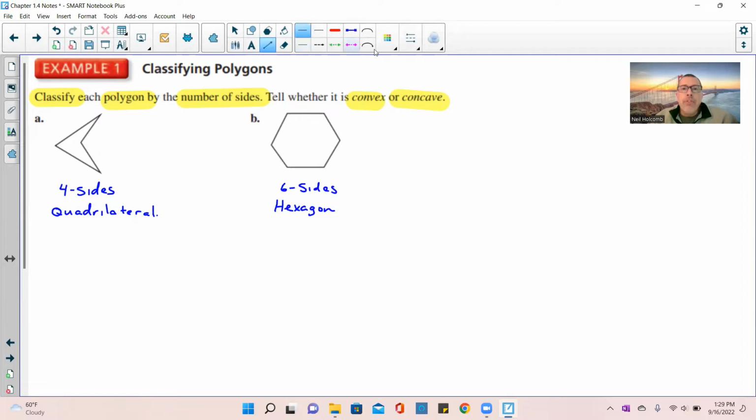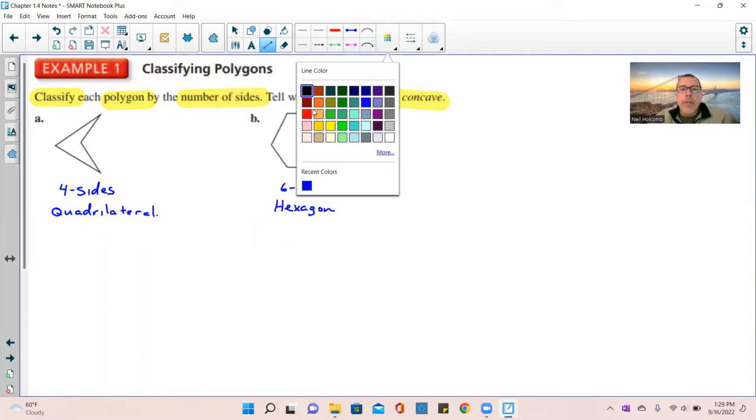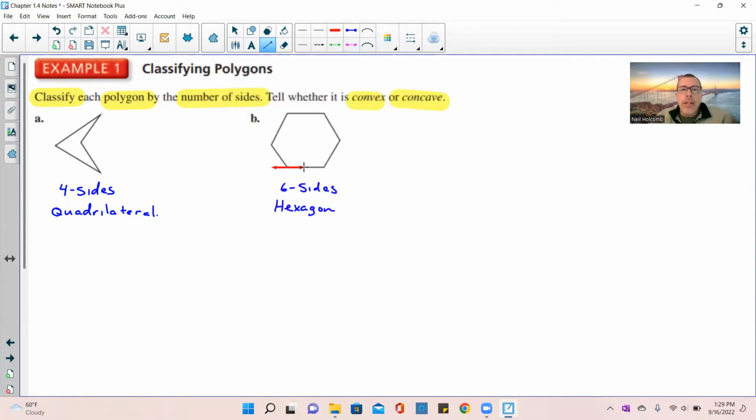So for example, if I drew a line, and let's make it red, right here, and it went forever and ever and ever, it's never going through the center. If I drew another line here for this side, it goes on forever in both directions. It's never going into the interior of the polygon.